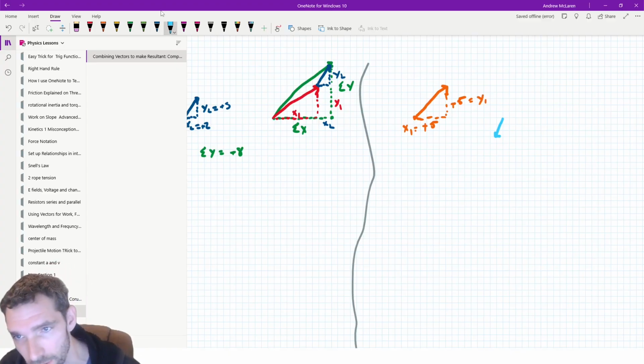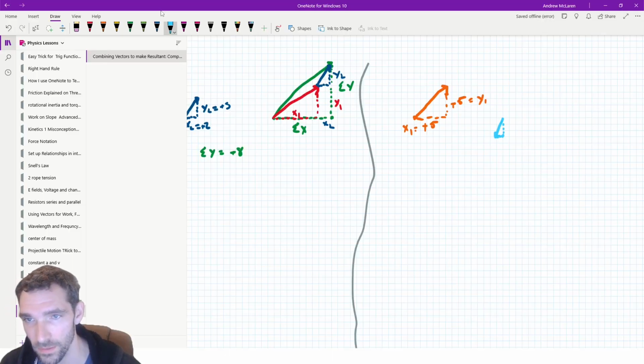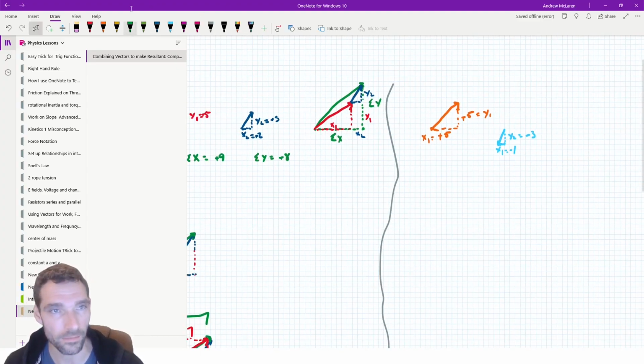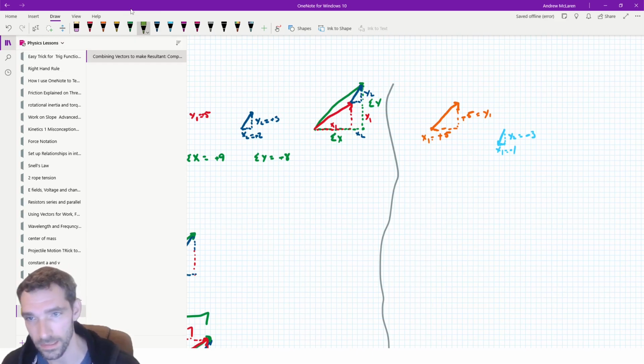Now in this case, we're going down and over a certain amount. So our y2 value here is -3, and our x2 value is -1. So you can add those up to get a resultant vector by combining these two. It looks like our sum of x's here should be 5 - 1, aka a +4.